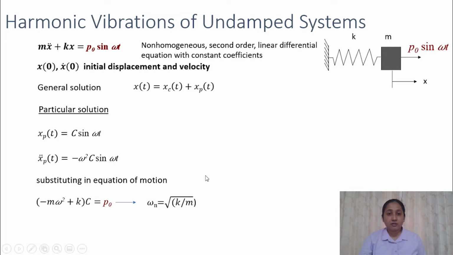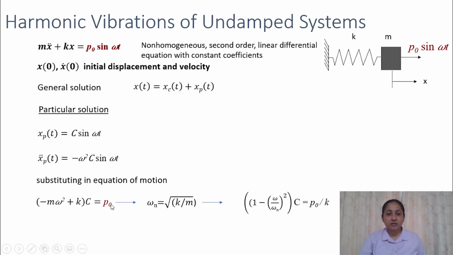So now in free vibrations, we have learned that the natural frequency of the system is equal to square root of stiffness divided by mass. So we can substitute this relation in this equation and that will become this. So you can divide this equation by k.